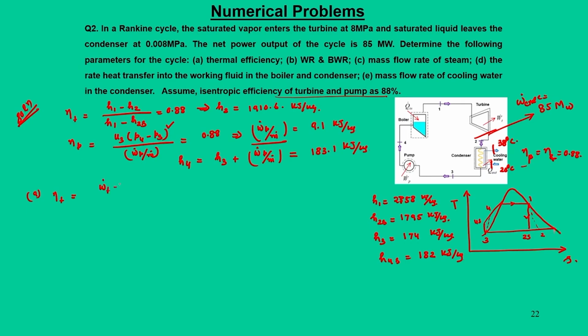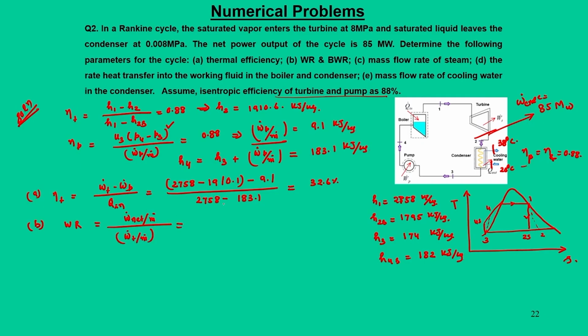Now, in the same method we can find out one by one. Thermal efficiency is W dot T minus W dot P divided by Q in. So, that is 2758 minus 1910.1, minus 9.1 pump work, divided by 2758 minus 183.1. So, this is 32.6%. Then the work ratio is W dot net by M dot divided by W dot T by M dot.